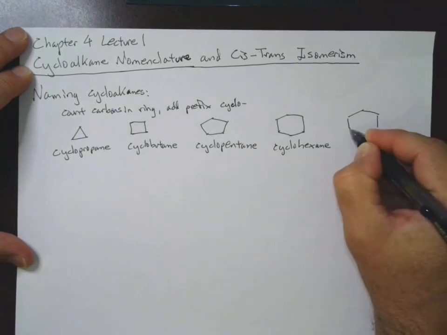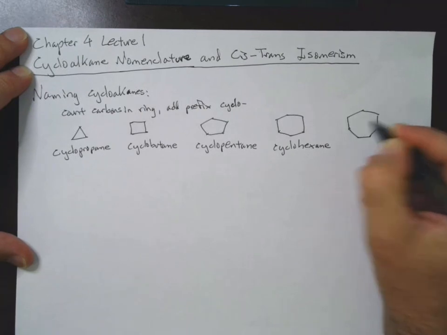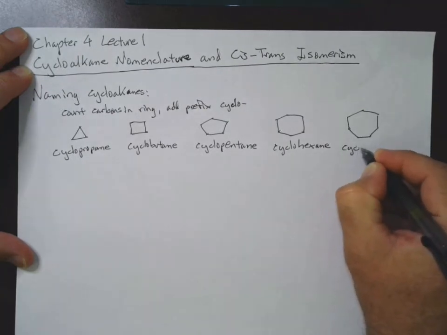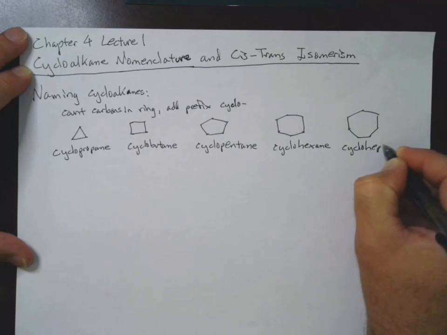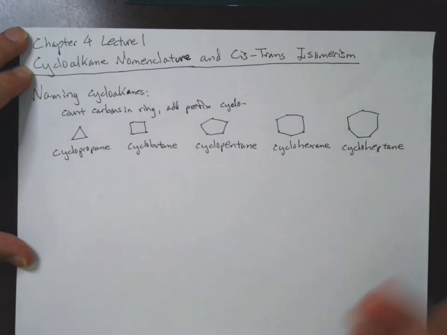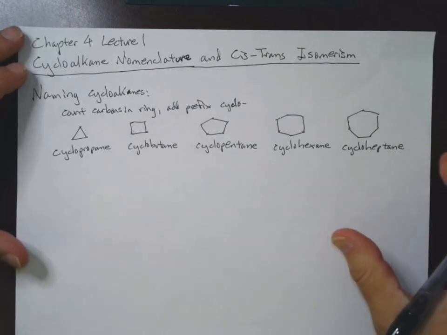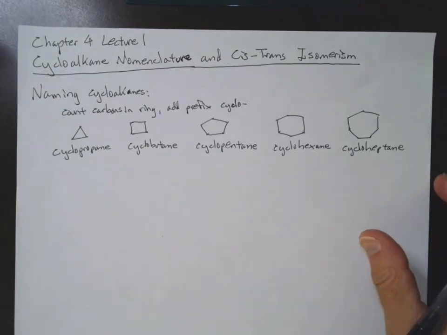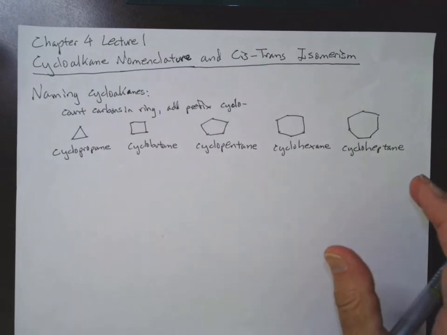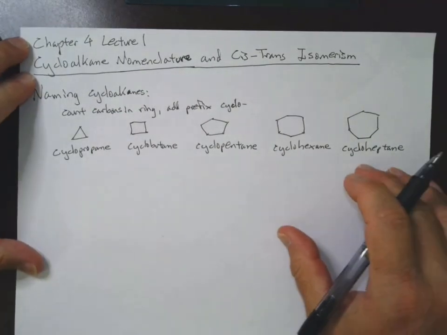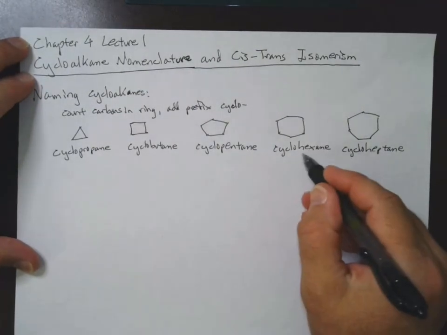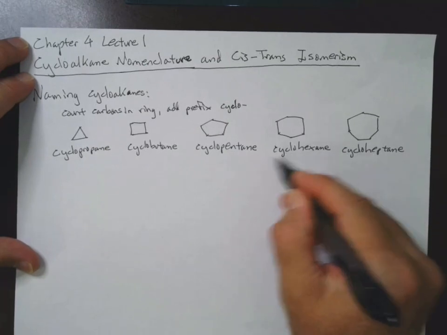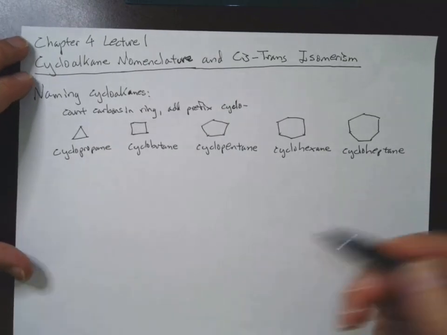7 carbons would be cycloheptane. 8 carbons would be cyclooctane. 9 carbons cyclononane. 10 carbons would be cyclodecane, etc. So it's just like naming the alkane, except we stick this prefix cyclo in front.